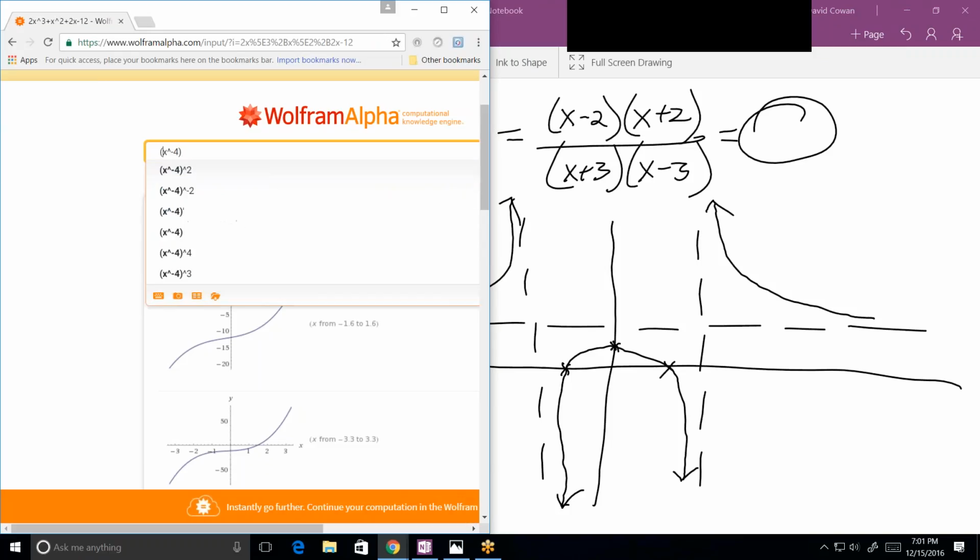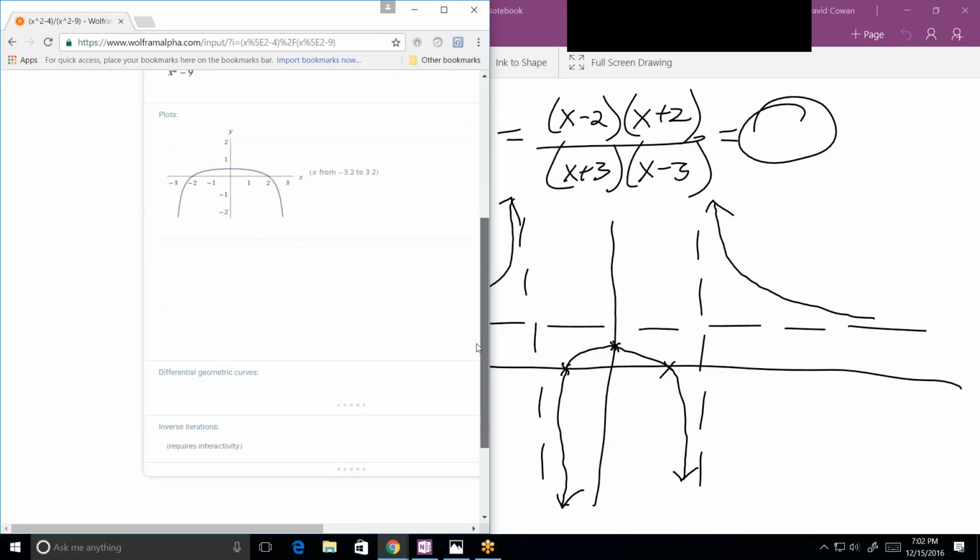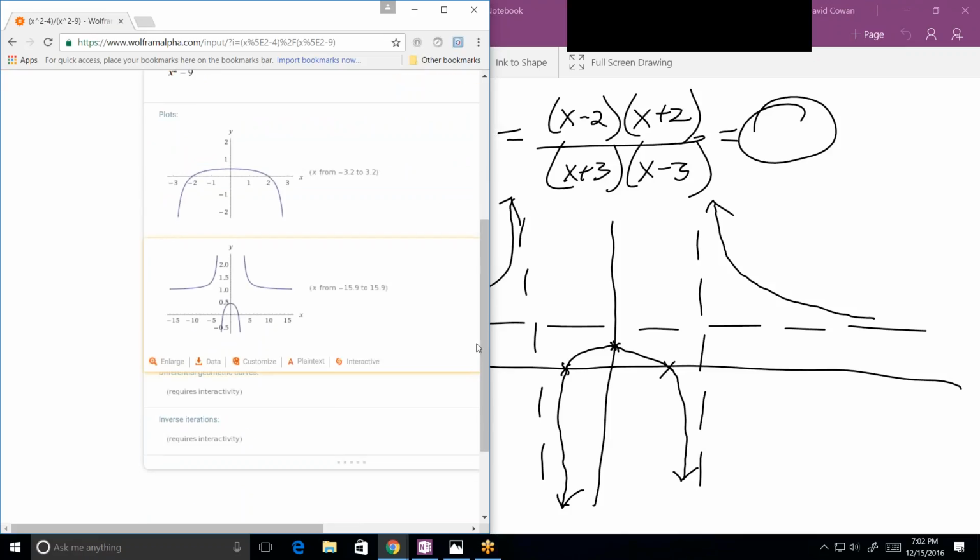Sorry. And divide that by x squared minus 9. Okay, I put it in right. Bingo.